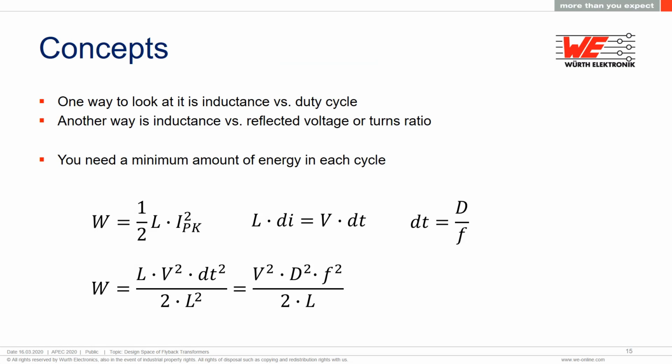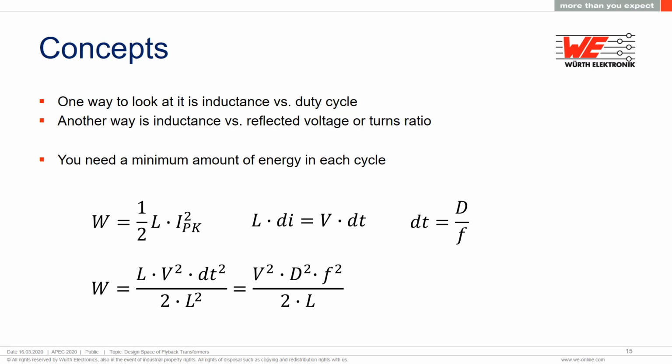There's a couple of ways to look at some of the inevitable trade-offs. We can look at it from an inductance versus duty cycle point of view, or from an inductance versus reflected voltage or turns ratio point of view. At some point, we have to start pinning this down. In either case, you need a minimum amount of energy during each cycle. This comes from the energy equation, where energy equals 1/2 L i squared.